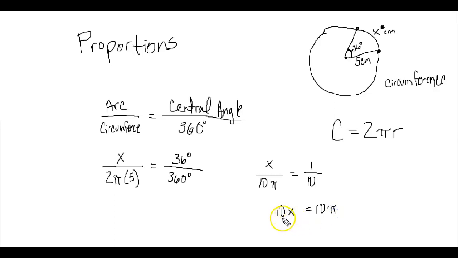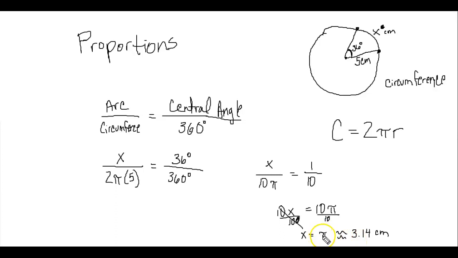And then if I divide by 10, I'm going to get that x is equal to pi, or approximately 3.14 centimeters. All right, so that is how you can set up a proportion to help you find an arc length, the specific actual measurement.